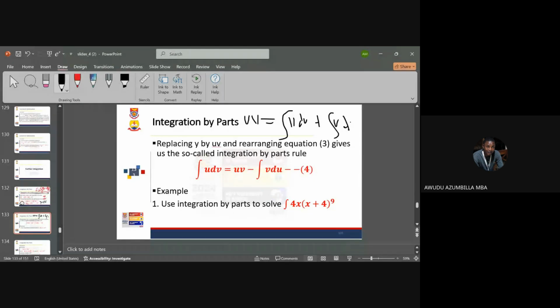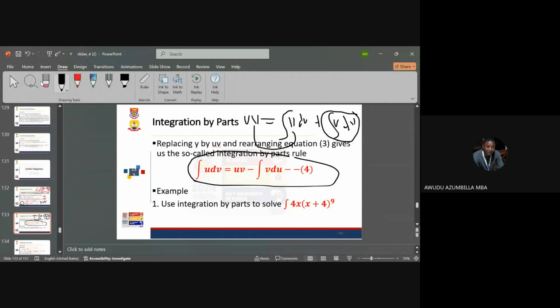Yes. So when you have this one, we can make u dv the subject. So if we send this one across, it is going to be this one minus this. That is what we have in the fourth equation. We are just making the integral of u dv the subject, and that is what we have here.